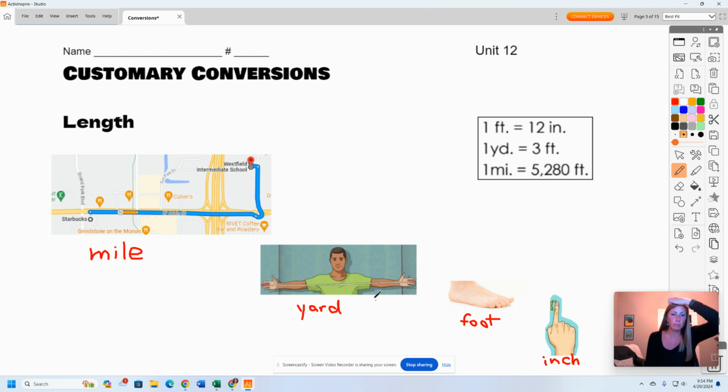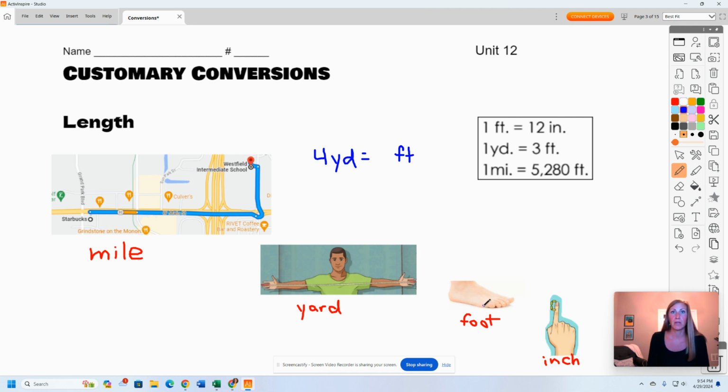So let's do an example here. We have some space like right above where it says yard. Let's say I'm going to say four yards. Okay. So if I wanted to figure out how many feet that is, you first should ask yourself, well, is yards smaller or bigger than feet?